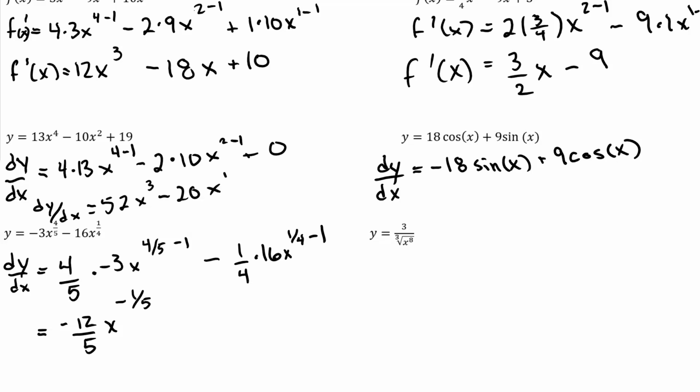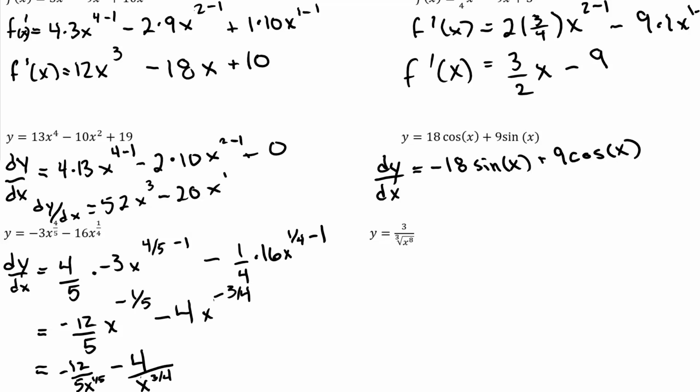And then we've got 1/4 times 16, which is 4. 1/4 minus 1 is negative 3/4. So those negative exponents bring us down to the denominator. So I'm going to negative 12 over 5x to the 1/5 minus 4 over x to the 3/4.